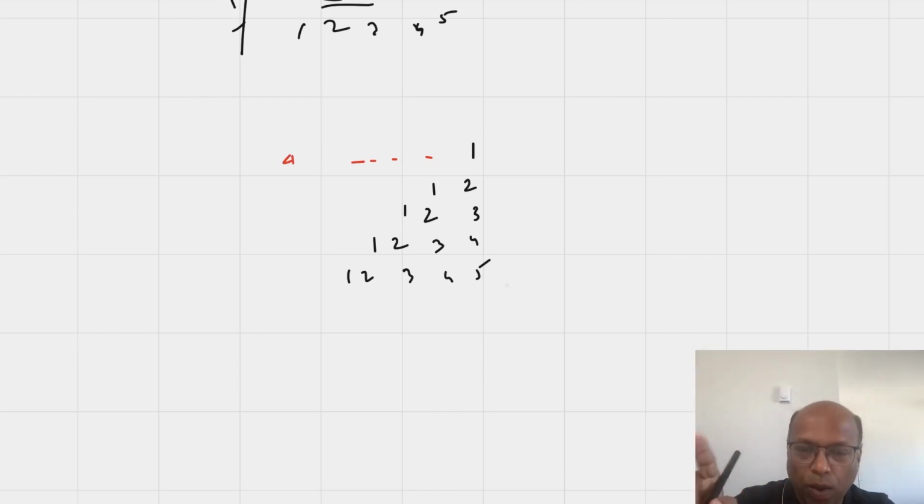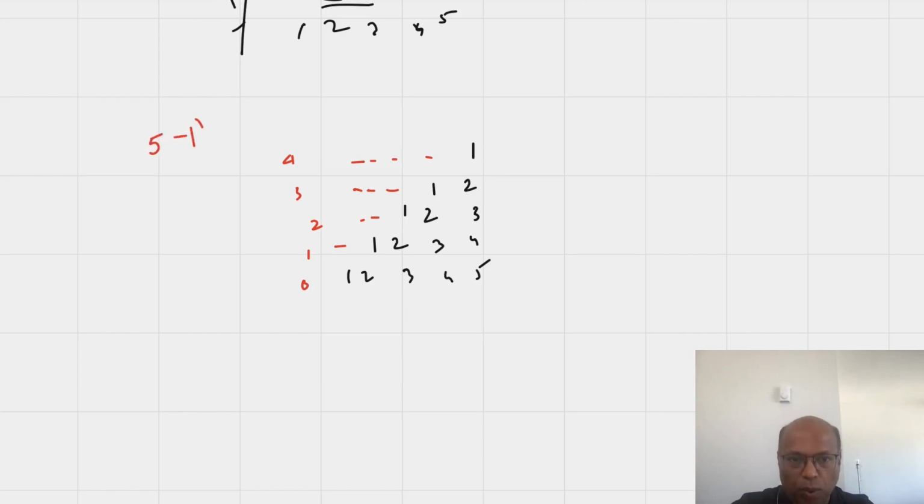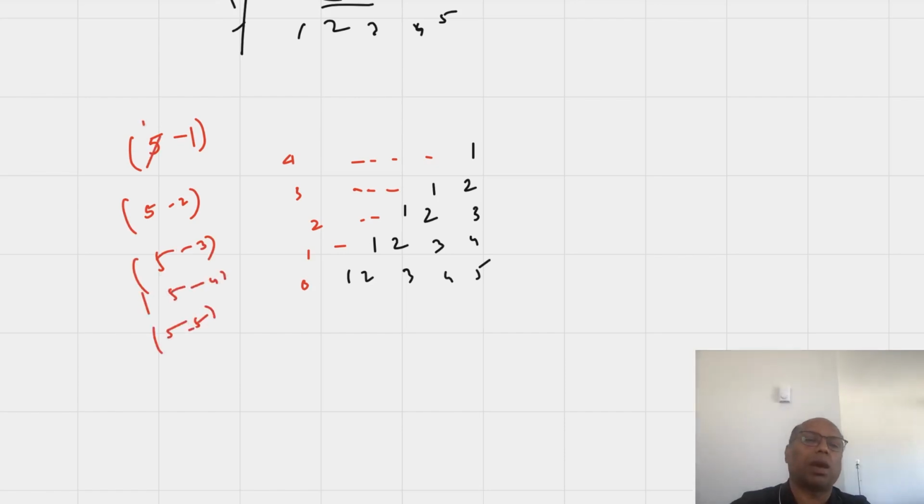Before printing the 1, I need to print what? 4 spaces, 3 spaces, 2 spaces, 1 space, 0 spaces. That means if number of lines are 5, 5 minus 1 spaces, 5 minus 2 spaces, 5 minus 3 spaces, 5 minus 4 spaces, 5 minus 5 spaces. If I have n rows, n minus 1. Correct now? Yeah.